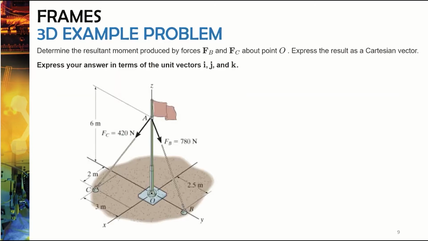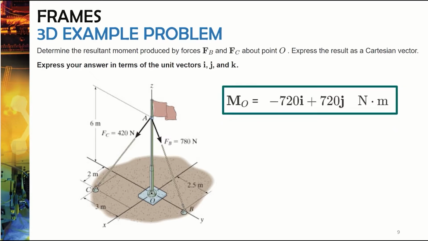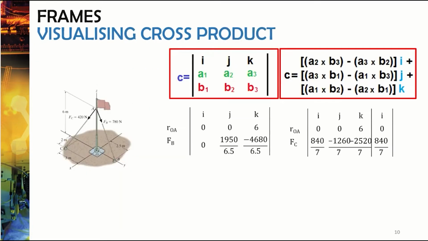So now let's look at this particular example problem, and we'll apply the cross product along with everything else we've learned to solve for our problem. Now in the end, what we'll find is that our answer is the following. And as a way to help you visualize what we're going to try and do, we're going to set up our cross product, and the way that we set up our cross product is we need to first figure out R of OA and FB.